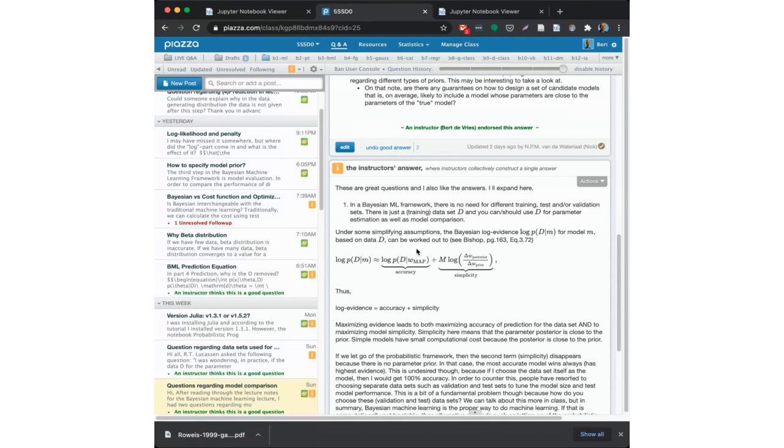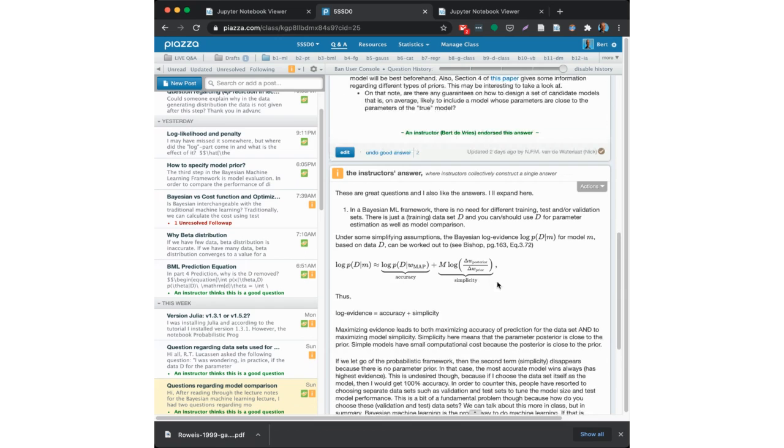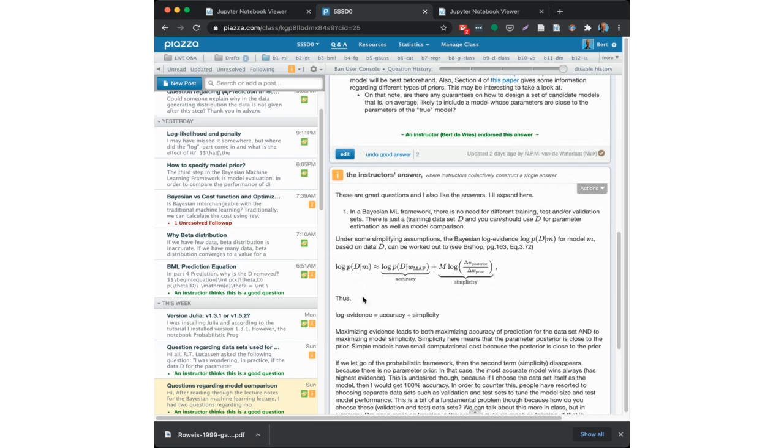This is basically how well we can predict something, and model simplicity, or sometimes it's also with a minus sign, model complexity. Now, what we want to do is choose models that have maximum evidence. That means we want to have maximum accuracy and maximum simplicity.